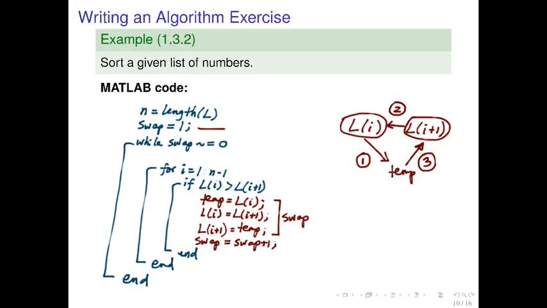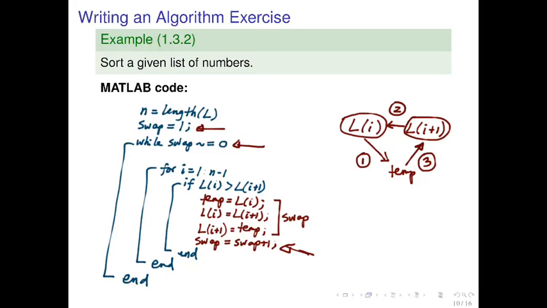Well, first step, swap is 1, and it satisfies the while loop, because it's not equal to 0, so it's going to execute the following for loop and if statement. At the end, we set swap to be swap plus 1. Currently swap is equal to 1, and then swap plus 1 is going to be 2.